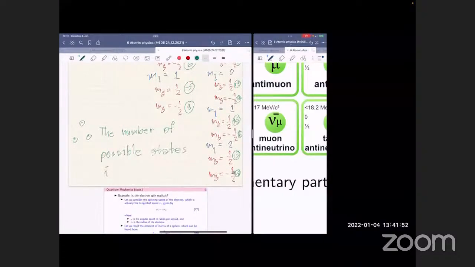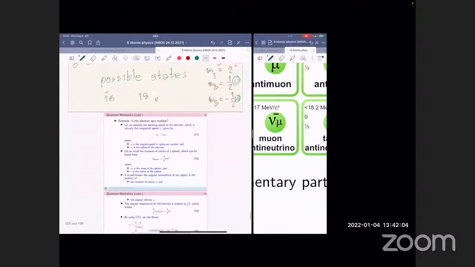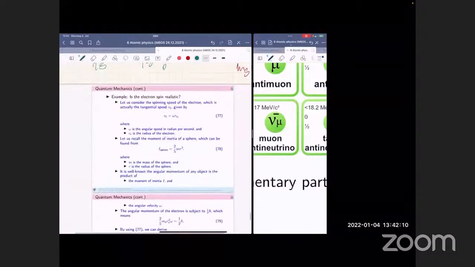It's 18. Okay, we have 18 possible states for the electron orbits. Okay, let's move to the next example, the next detail of this lecture.